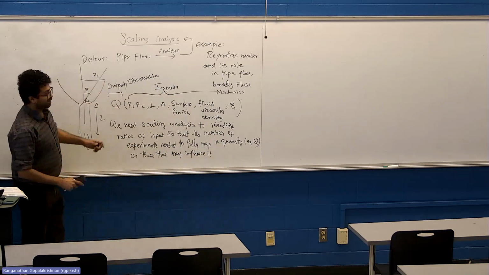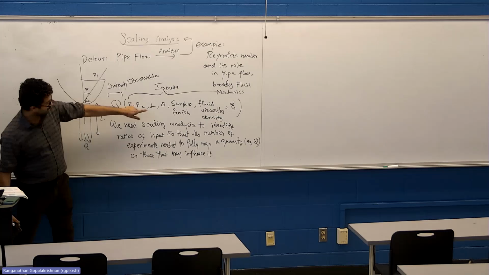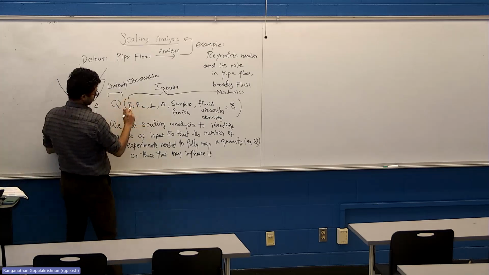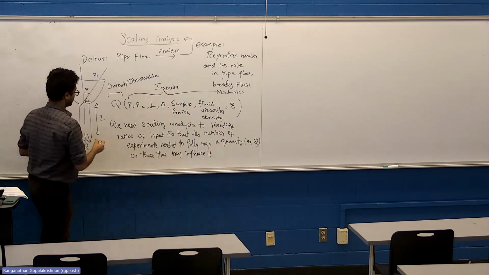What I mean is, if I ask you to go do a bunch of experiments varying all of these quantities, if you just count 1, 2, 3, 4, 5, 6, 7, 8, there are 8 quantities.